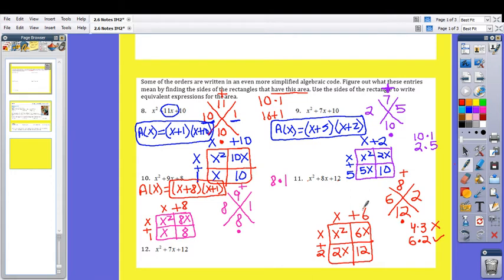Now 2 times 6 is 12 and you have 12. So the sides will be x plus 6 and x plus 2. Okay, let's do next one.